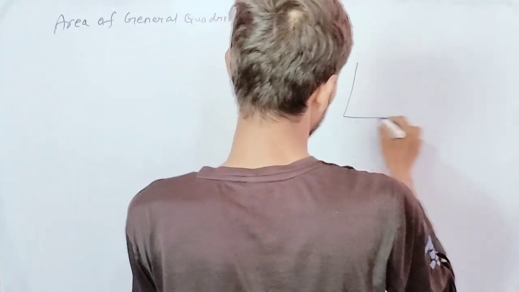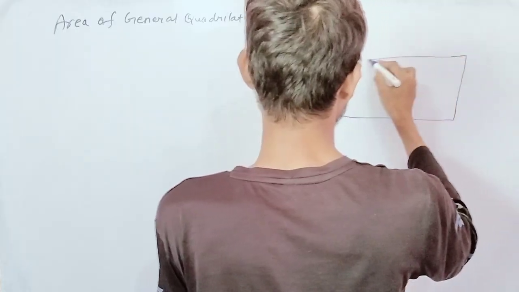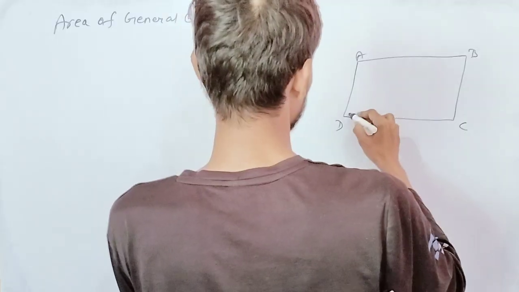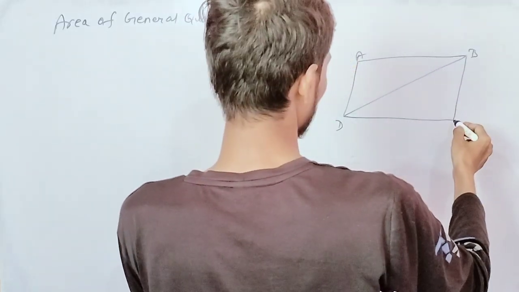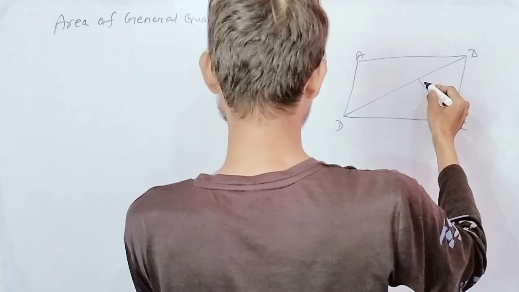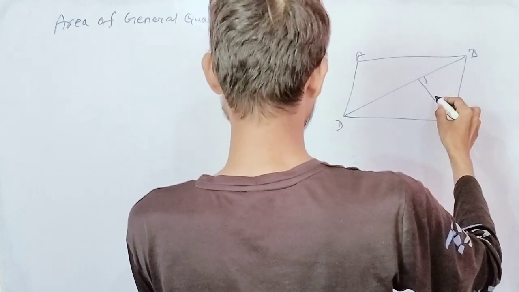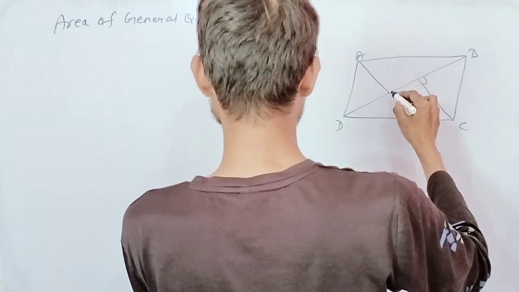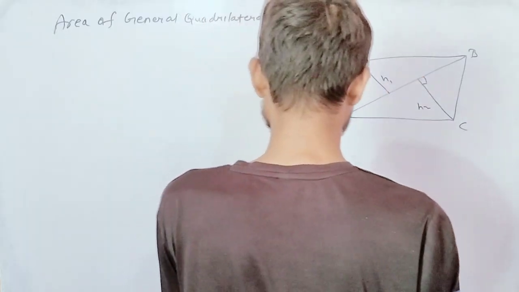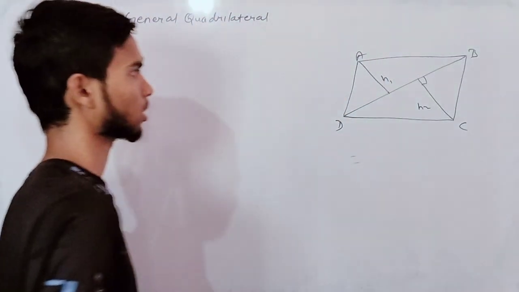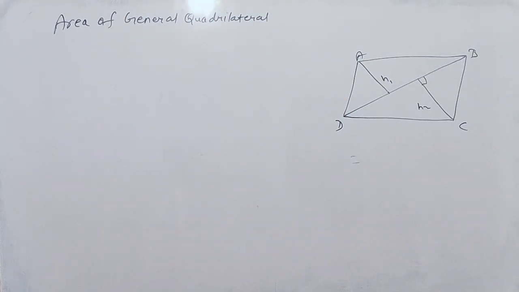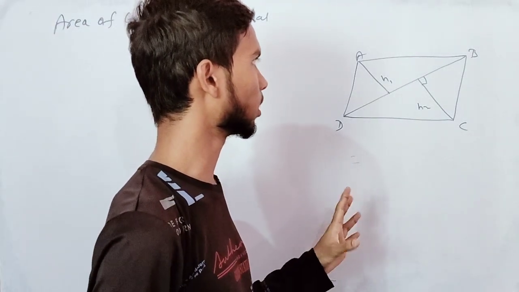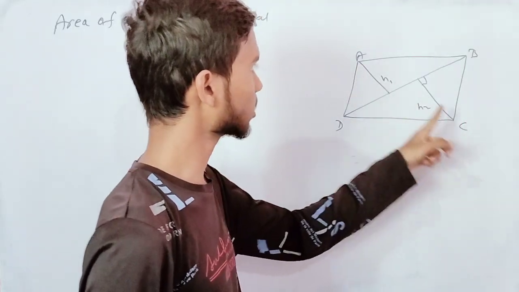Let's say the quadrilateral looks like this. If a quadrilateral is like that, the sides are not equal. It can go like that.